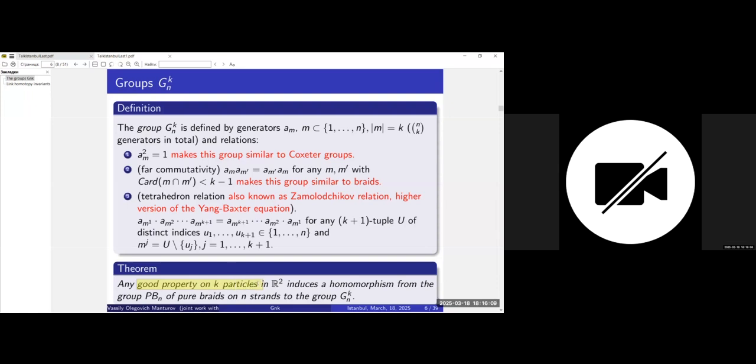Oh, excuse me, maybe there is a confusion. I mean that the total number of particles is n, and n is greater than k, and the good property depends on k particles. Okay, and the two examples will come immediately.